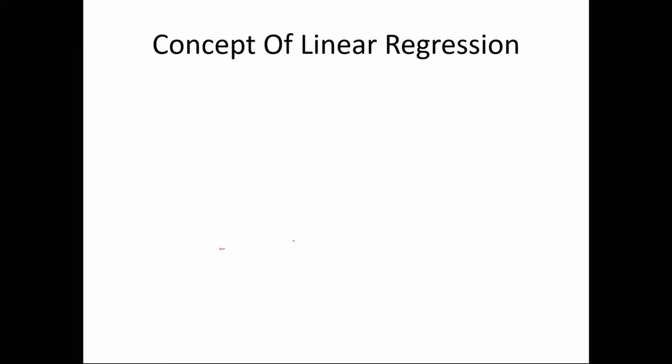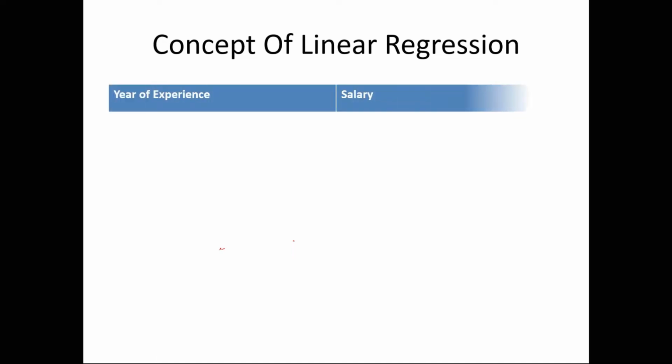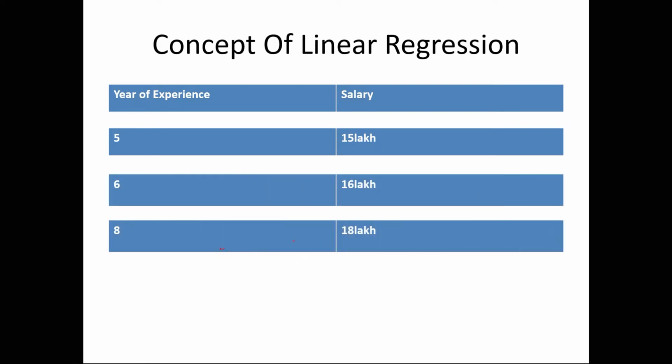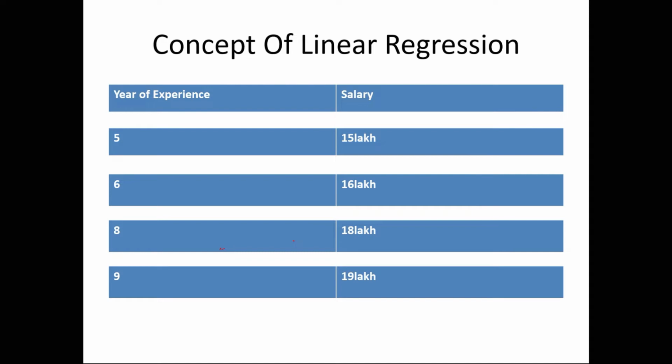Okay, so there are two variables, years of experience and salary. On the basis of years of experience, how can we predict the salary? So 5 years of experience, 15 lakh salary, and so on. Now how can you predict the salary for 10 years of experience?